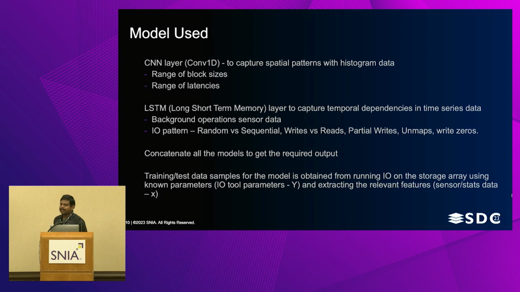And since it is a time series, we went with the 1D Conv1D network. For detecting the IO patterns, like random versus sequential, reads versus writes, and also the special operations like partial writes, unmaps, and write zeros, we use the LSTM, the long short term memory model.